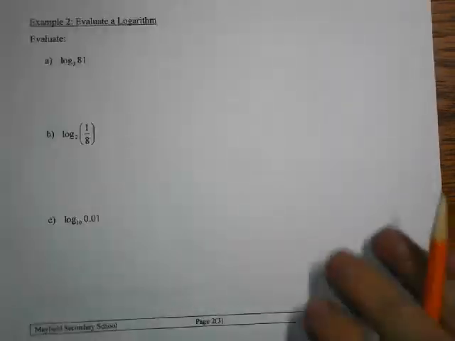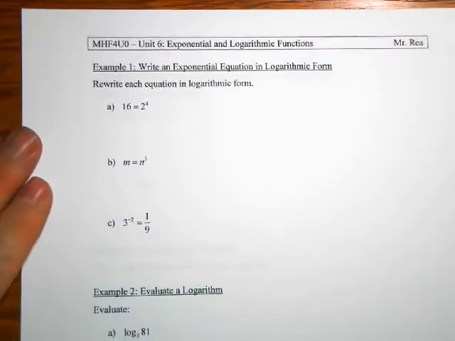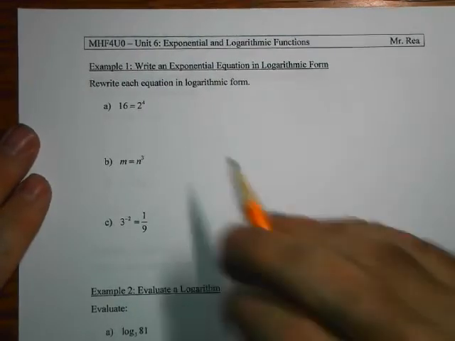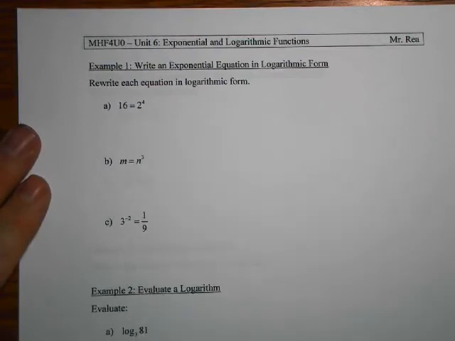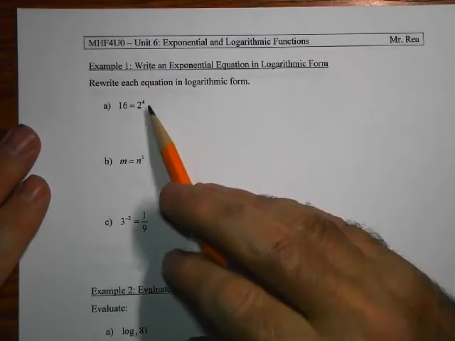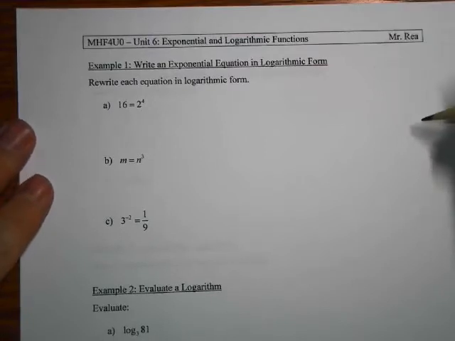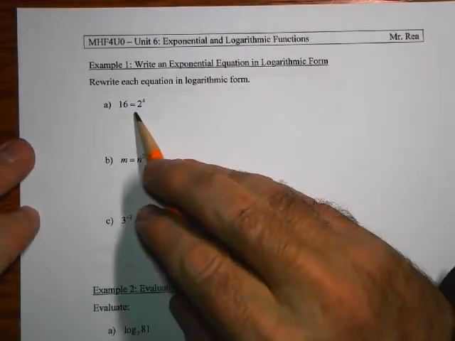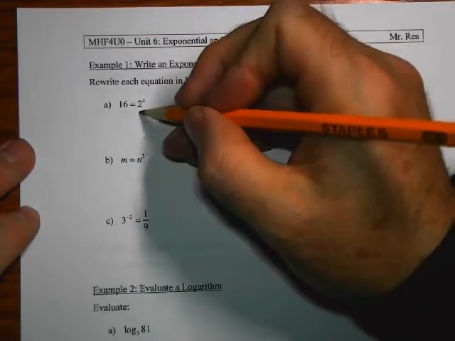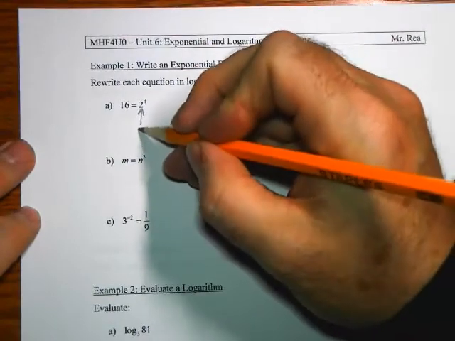All right. So a couple little exercises here. Right now these are written in exponential form. We're going to change it into logarithmic form. So this is actually quite easy. It can be a little strange at first. If you look at this, the first thing I would look for is the base.